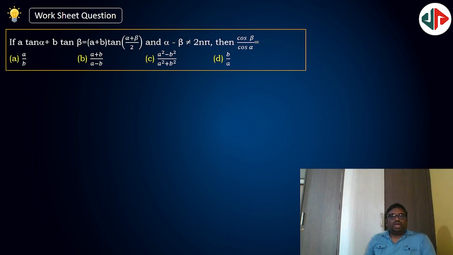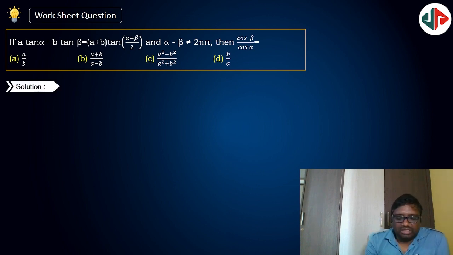Here, A times tan alpha plus B times tan beta is equal to A plus B times tan of alpha plus beta by 2, where alpha minus beta is never equal to 2n pi. What is the value of cos beta by cos alpha? Beautiful question. Here this question is based upon this formula.